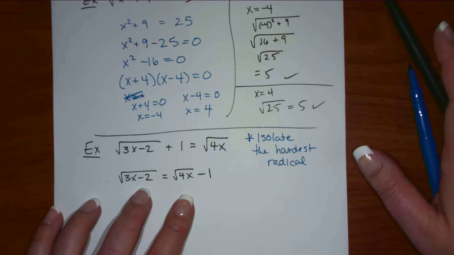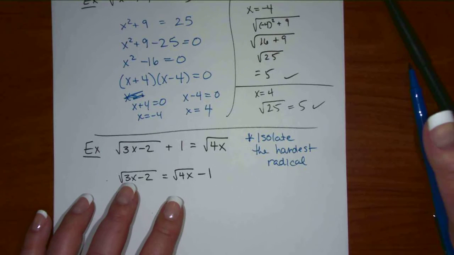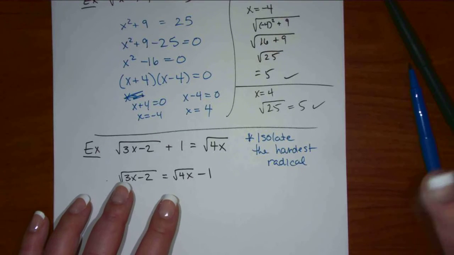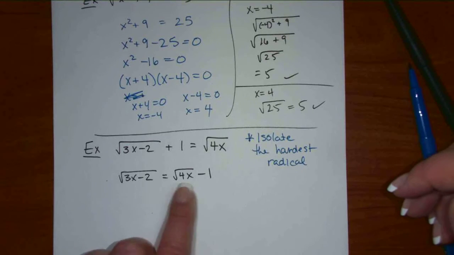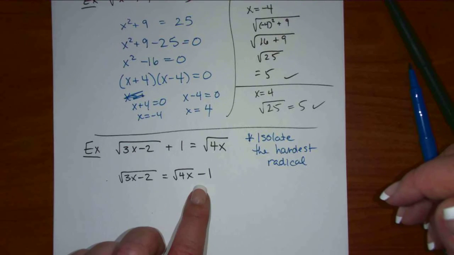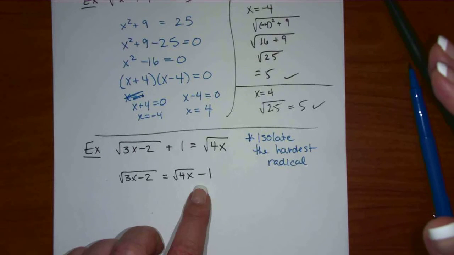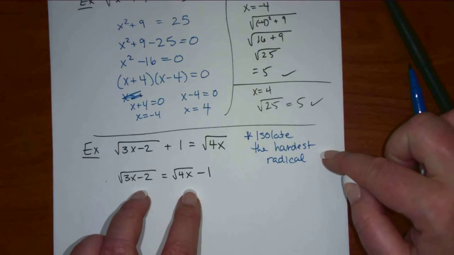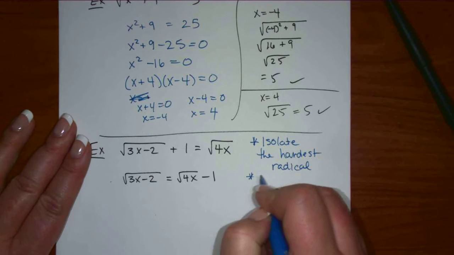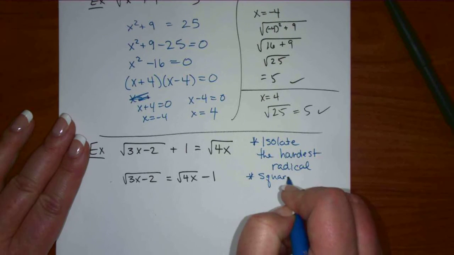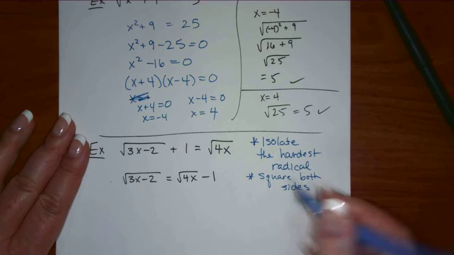The difference between this and the fractions is that with the fractions you could do a common denominator, make it into one thing, and then cross multiply. You can't do that with radicals. You can't make these into one radical without making it into a fraction and making it more complicated. So what we do now is isolate it and then square both sides. So I'm going to write that in a new step.